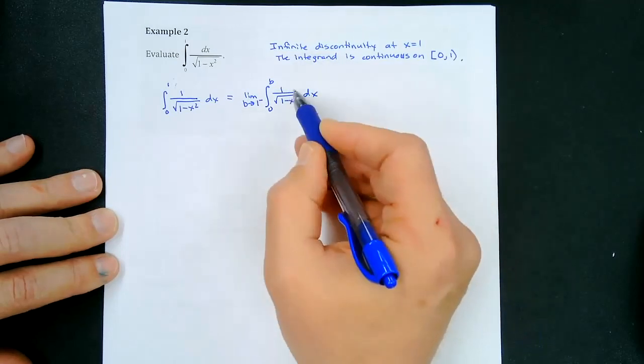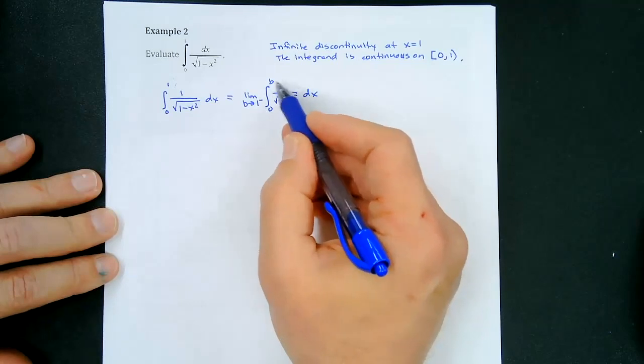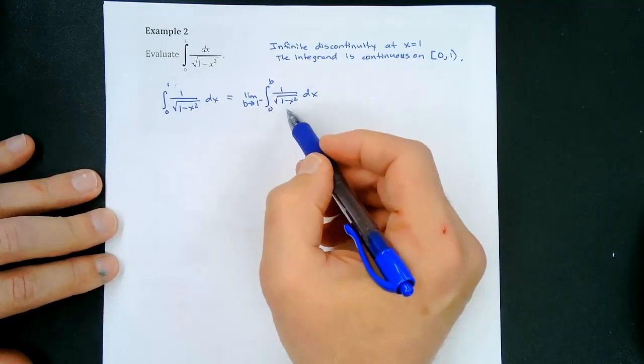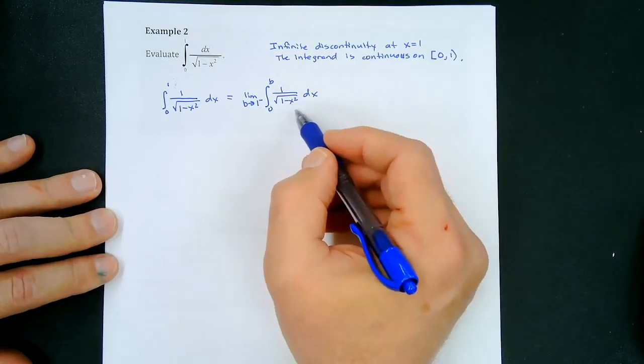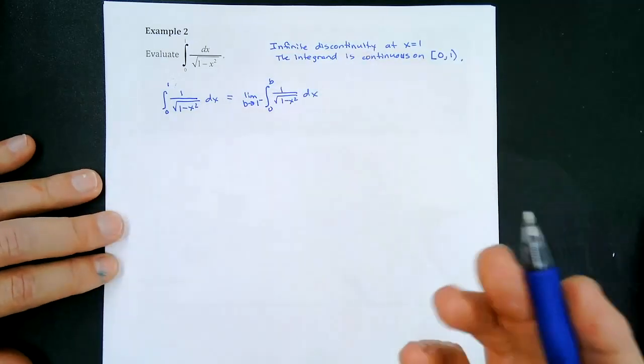dx. So what we have to do on this is recognize that this is the derivative of something, right? We can recognize the antiderivative, and this is the derivative of sine inverse of x. So if we integrate this, then that's going to give you sine inverse of x, right?